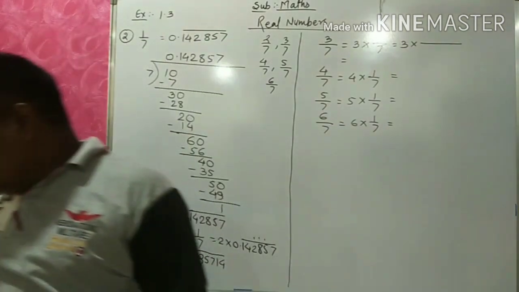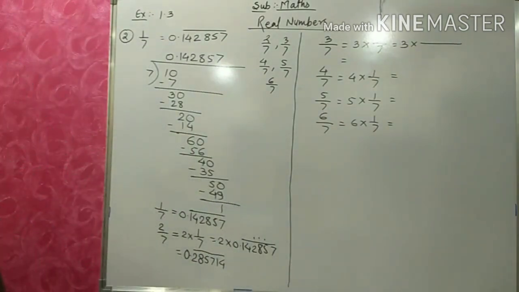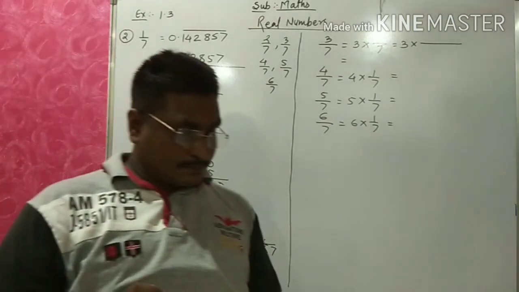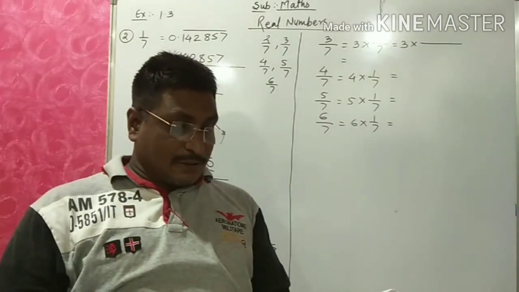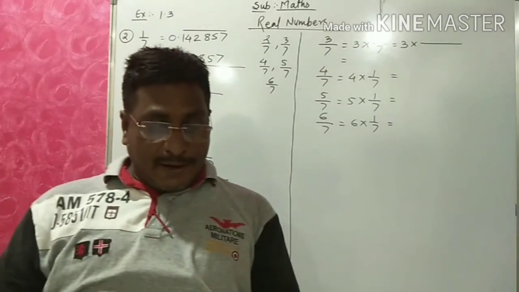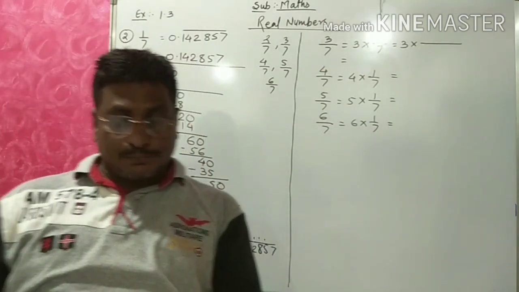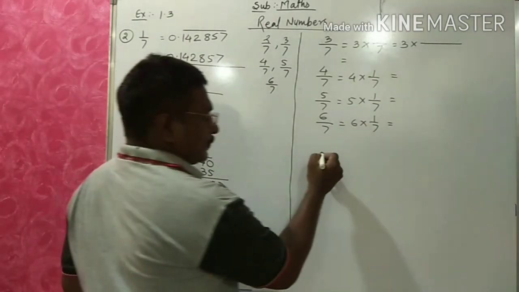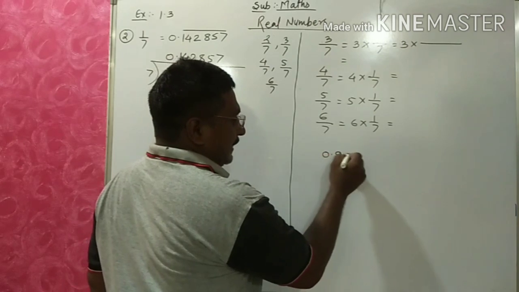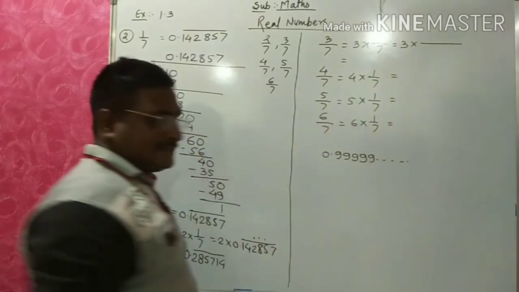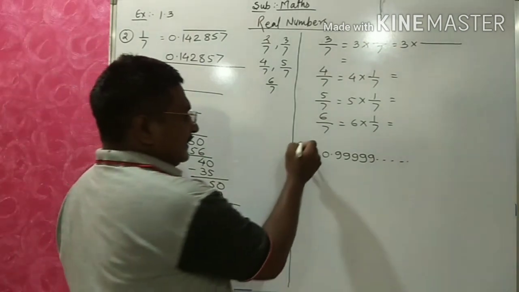Okay, so we will go on to the next question, the fourth question. Express 0.999 in p by q form. Here it is given as 0.9999 and so on. So how can we write this?